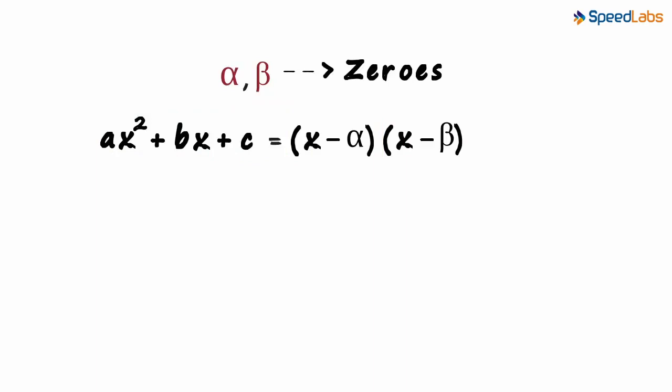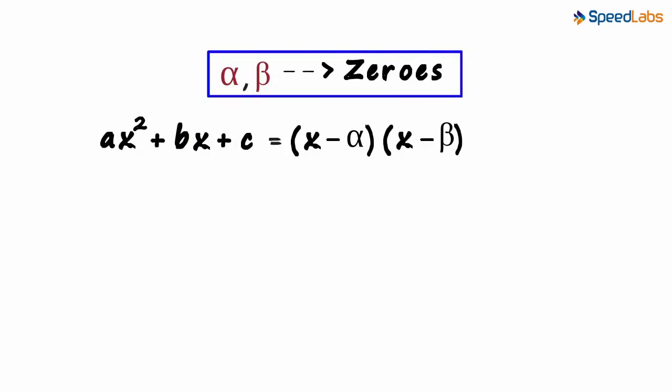We will find a relation between the coefficients of the quadratic polynomial ax squared plus bx plus c and the zeros of the polynomial. Basically, find a relation between alpha, beta and a, b, c. Remember, we are assuming that alpha and beta are zeros of ax squared plus bx plus c.